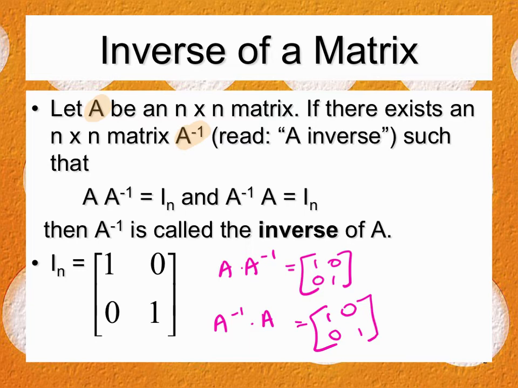So when you find the product of those two matrices, the result should be that reduced row echelon, so 1, 0, 0, 1. If it was a 3 by 3 and a 3 by 3, I'd get 1, 0, 0, 0, 1, 0, 0, 0, 1. So the left side of my reduced row echelon.